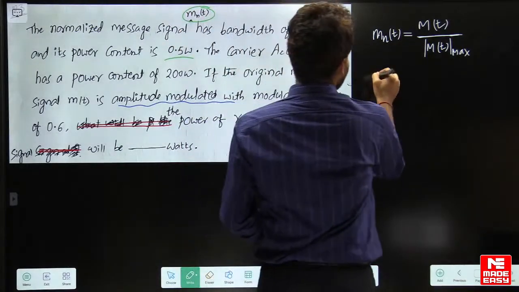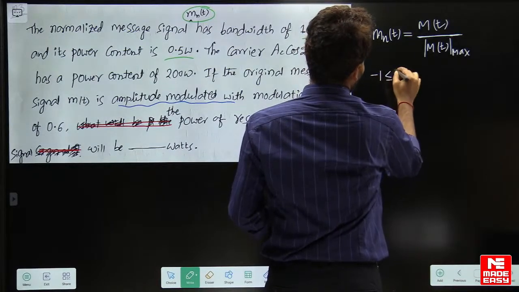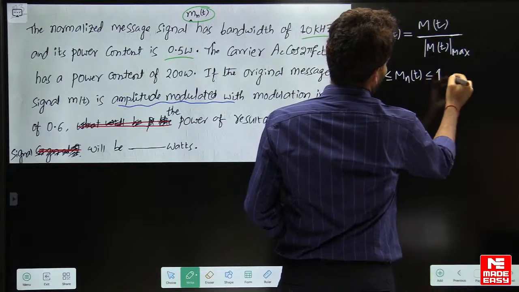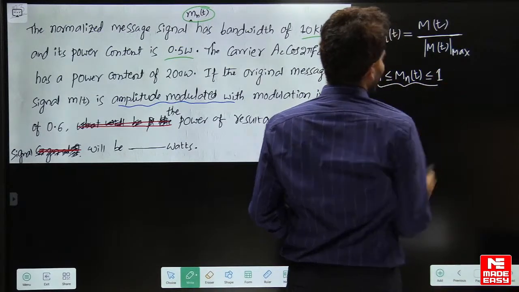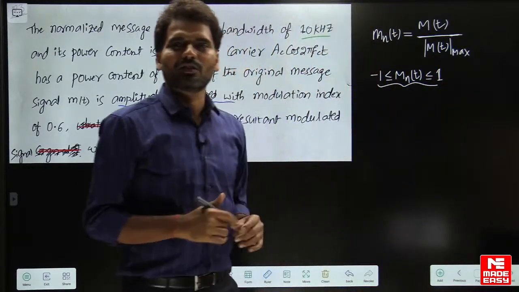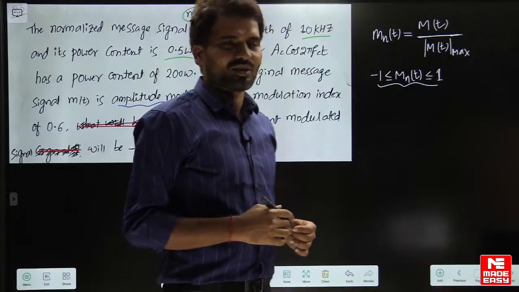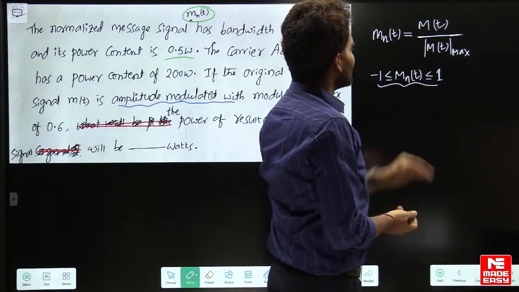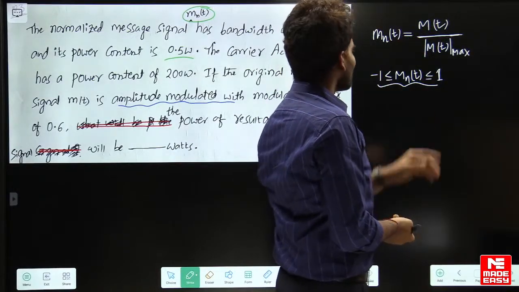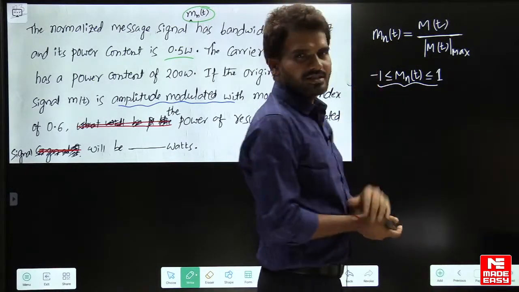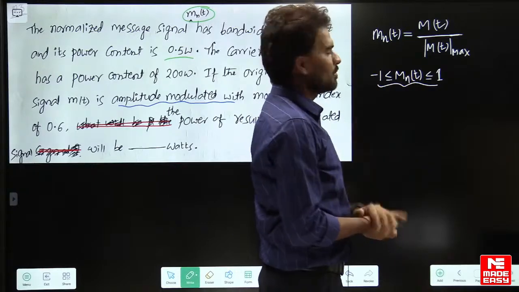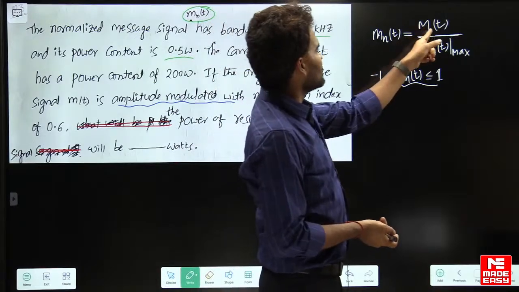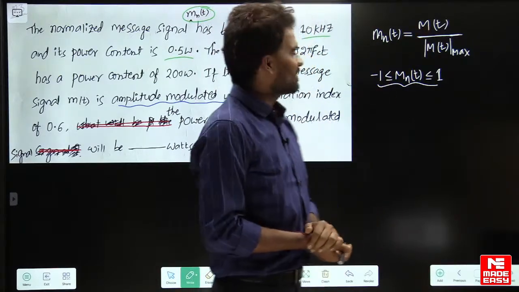So this normalized signal takes values between -1 and 1 only. The message signal m(t) is divided by max of m(t), so that the resultant normalized signal takes values between -1 and 1 only. This is the relation between the original signal and the normalized signal.